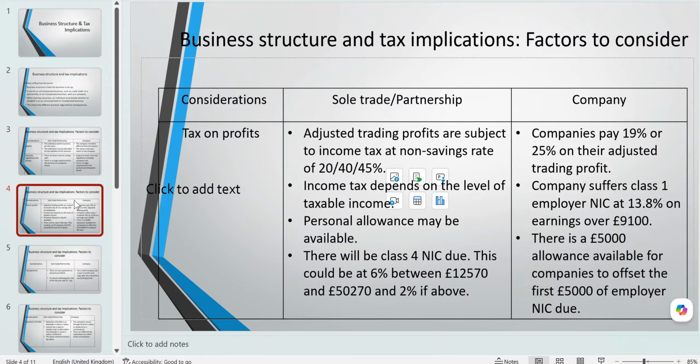Companies suffer Class 1 employer national insurance contribution at 13.8% on earnings over 9,100. There is a 5,000 allowance available for companies to offset the first 5,000 of employer NIC, national insurance contribution, due.